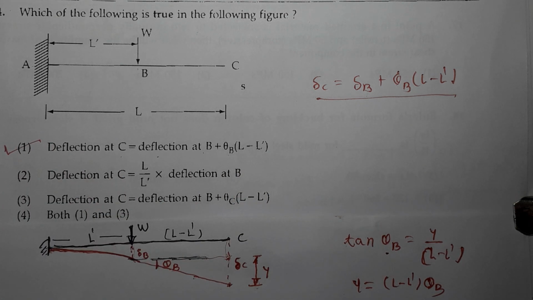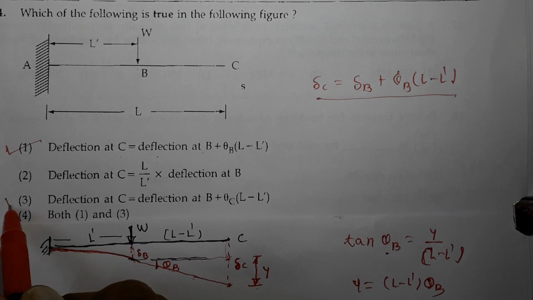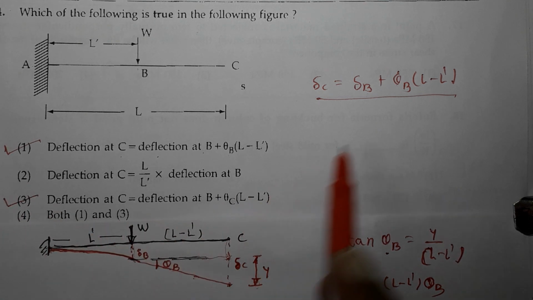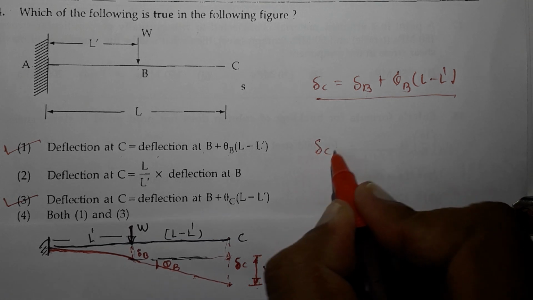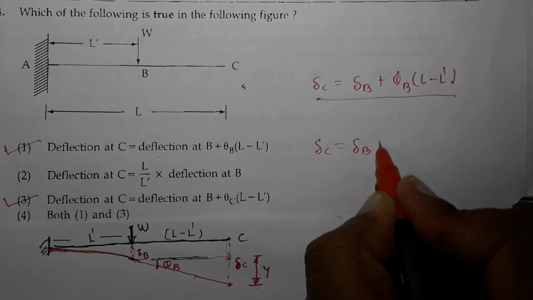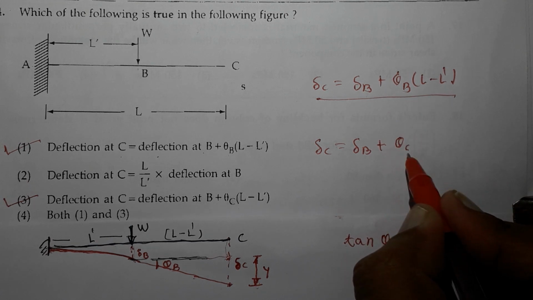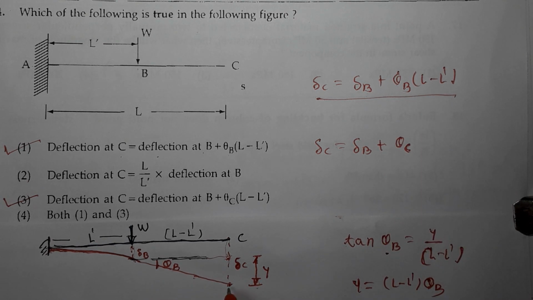But again, whenever you want to choose the correct option, always read the remaining options also. Now here the third option will also be correct, because deflection at C is equal to deflection at B, so delta C is equal to delta B plus, instead of theta B they have written theta C. Theta B and theta C are going to remain the same over here, because this part of the cantilever beam, that is BC, will remain straight.